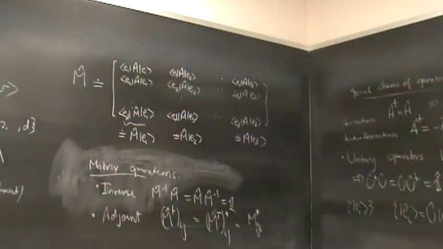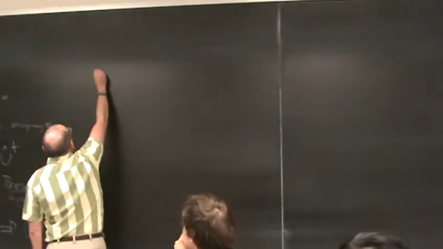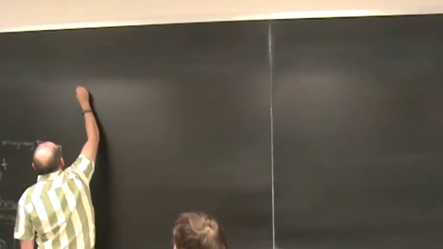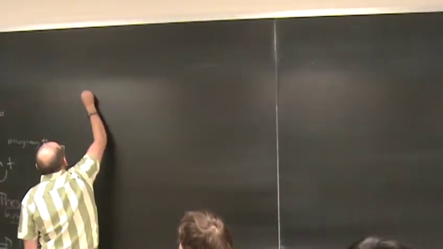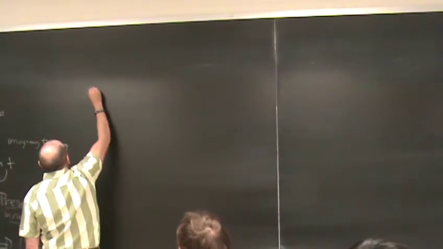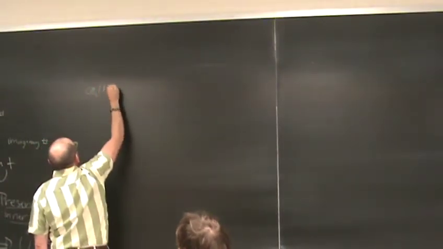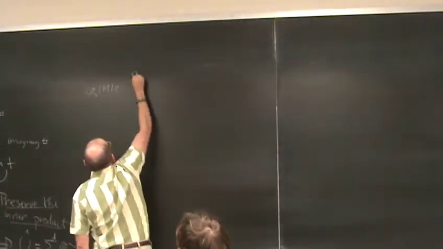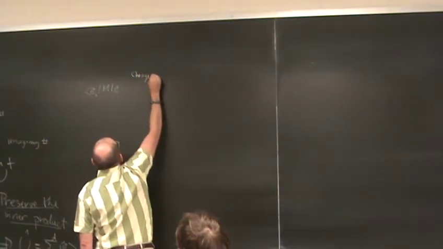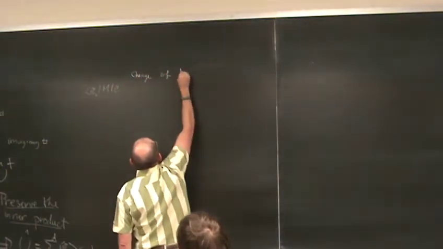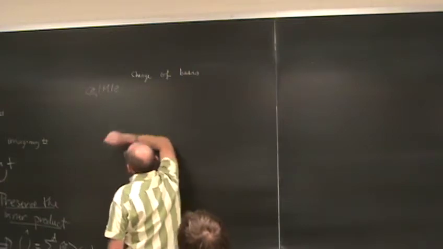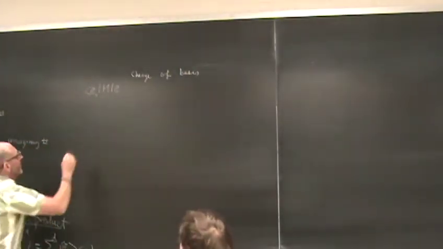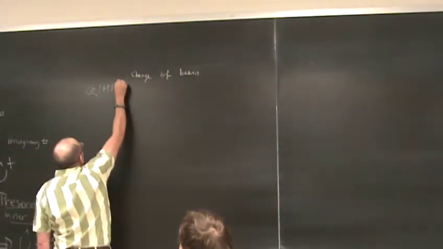So just once again, to emphasize that fact, let's look at the matrix elements, so here I'm talking about a change of basis. Okay, so here's the representation in a new basis.